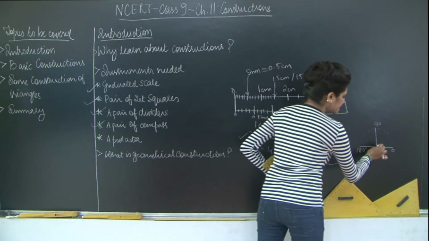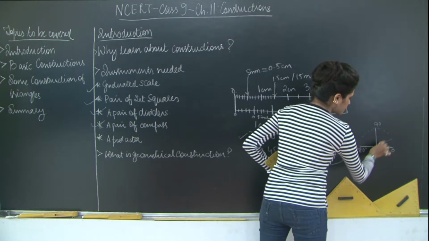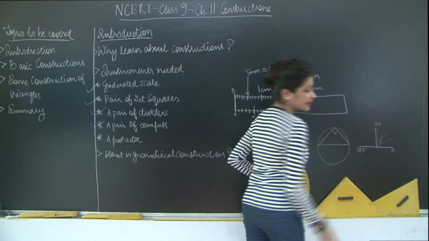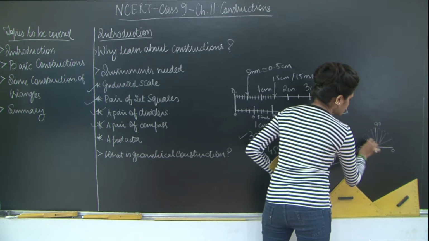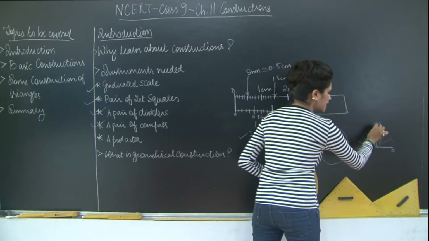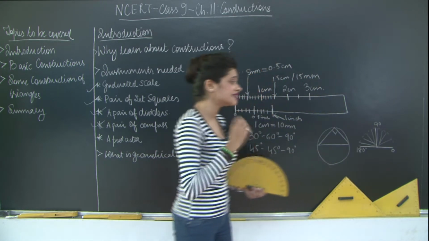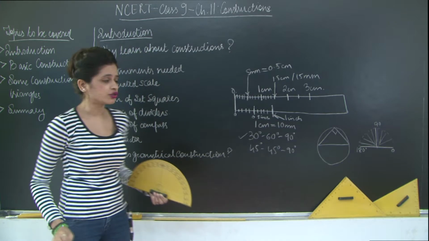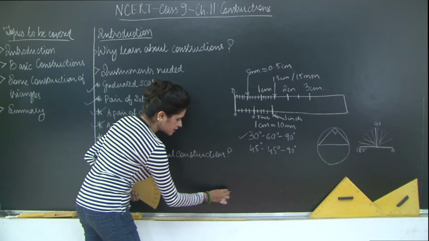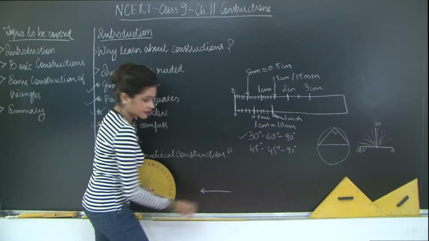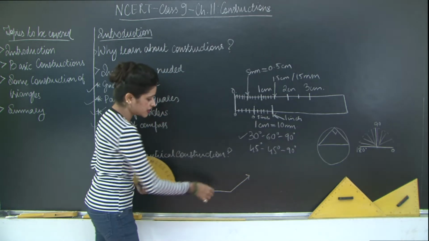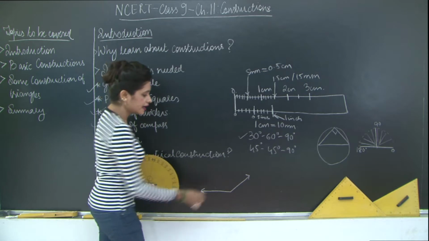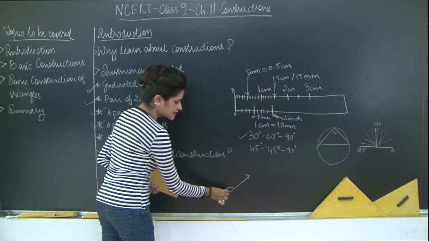All the angles that lie between this region, 0 to 90, are going to be acute angles, and between here to here they will be obtuse angles, and if you take this line it would be 90 degree. But this depends on what kind of angle you are drawing. If your ray is towards this direction and your angle is like this, would this be an acute angle or obtuse angle? This would be an obtuse angle because this is the angle made.